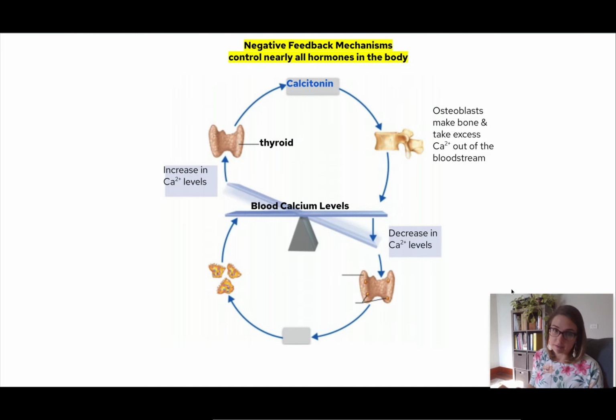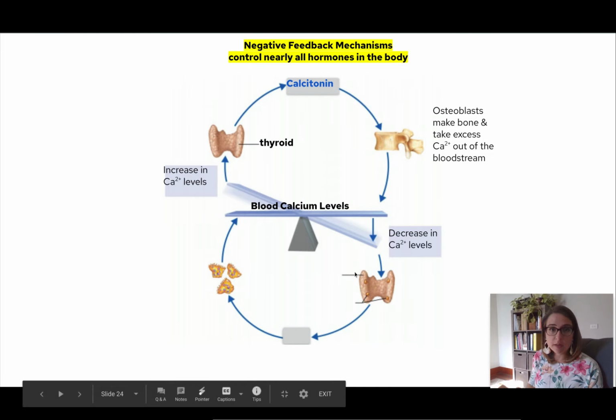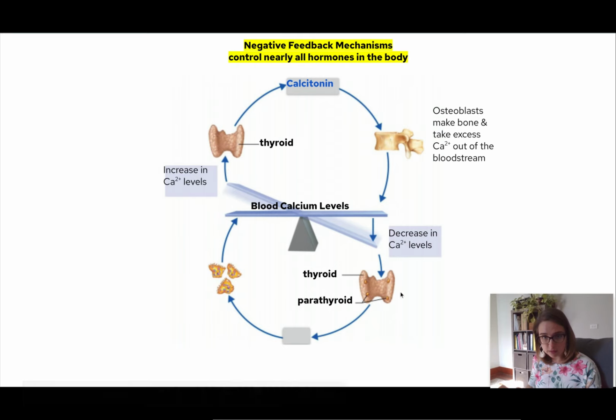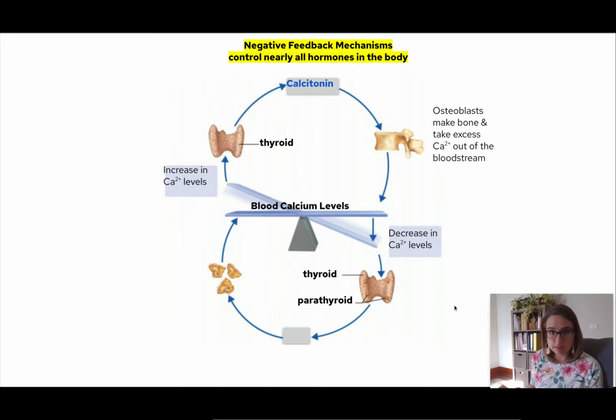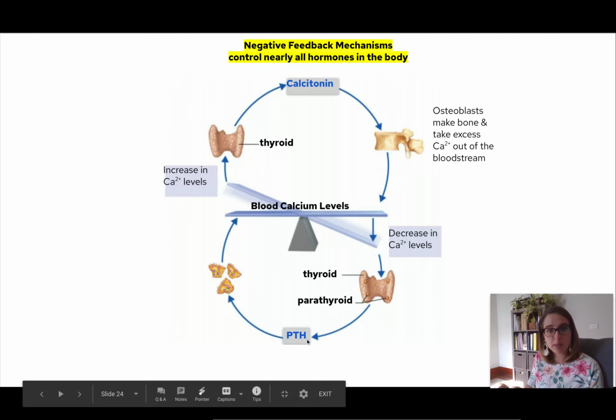So again, here's the thyroid gland, but in this view, I'm looking at the backside. So my thyroid's here, and if I were to pull it out and turn it around, I could see these 4 little dots on the backside. Those are the parathyroid glands. And the parathyroid gland releases parathyroid hormone, or PTH. Parathyroid hormone's job is to try to increase my levels of calcium, because again, it's responding to a decreased level.